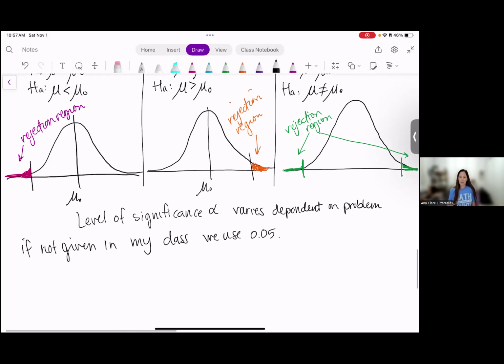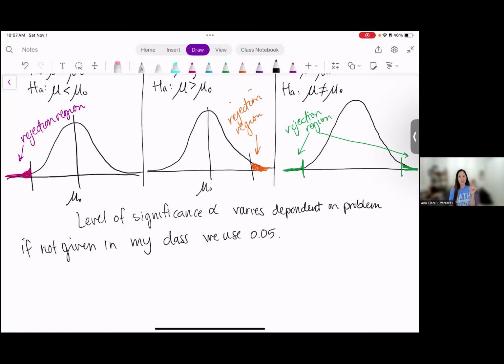So what do I do with that? Well, that is our stop line of once it gets less than that, then I think that there's evidence for the alternative. There's evidence for the claim. So if the probability of obtaining the sample data that we did purely by chance is very large, means it happens a lot, that means our null might be a safe assumption and we don't have evidence for our claim.